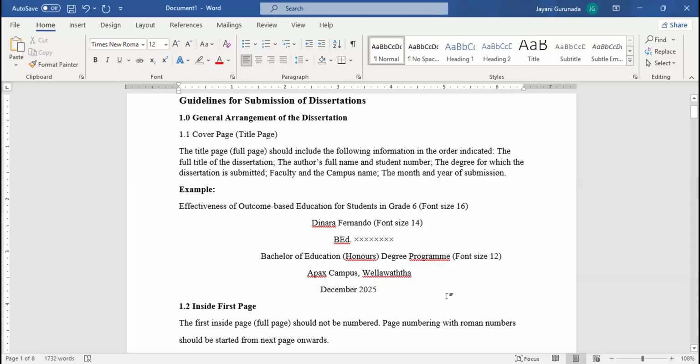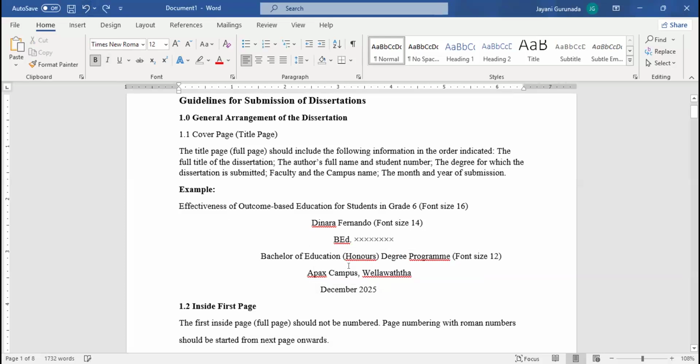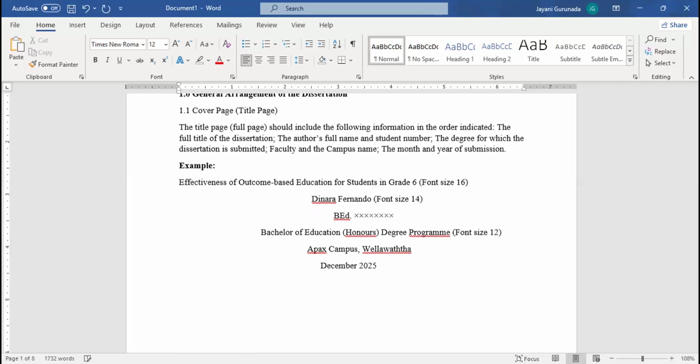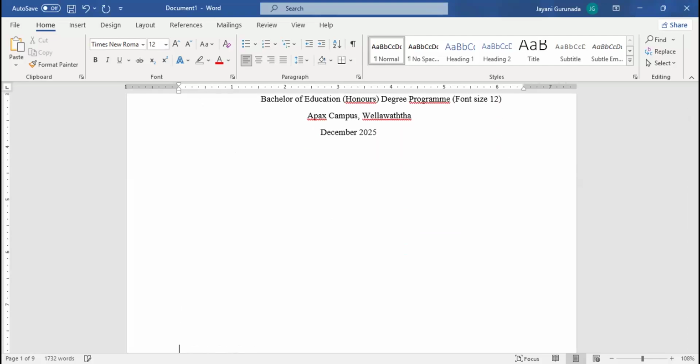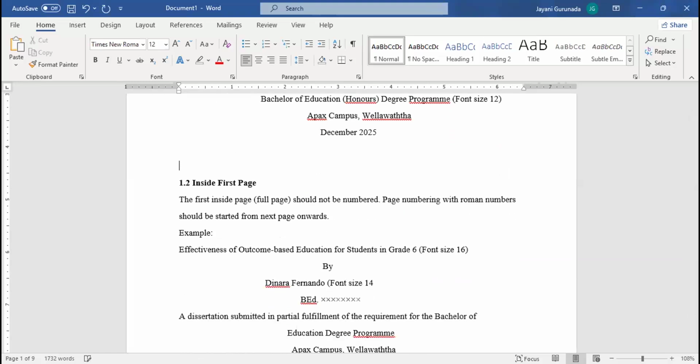Then next, inside the first page. Now this is the first page. Right.